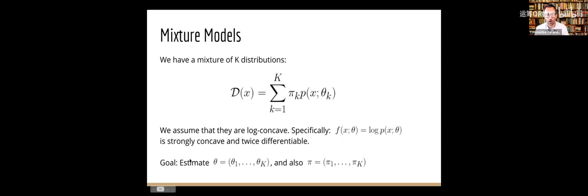Now, our goal is to estimate the centers, the theta_k's. And again, we can also estimate the pi's. In fact, we can also estimate the variances if they have different variances. P is just my log-concave model.